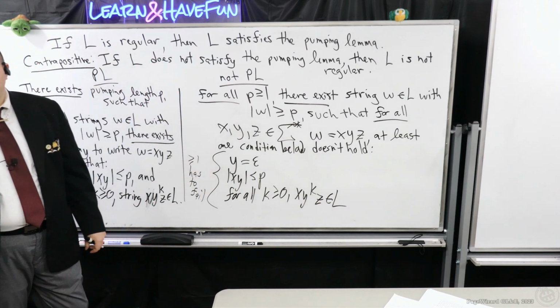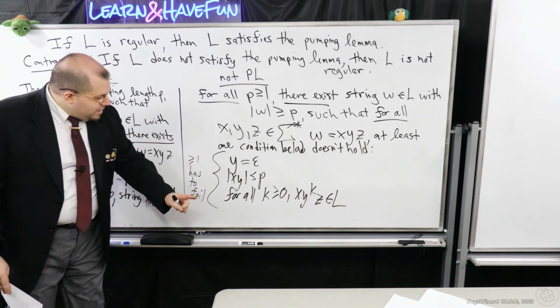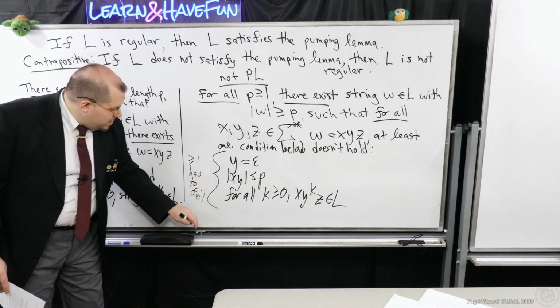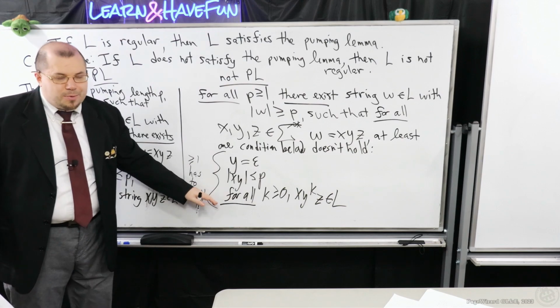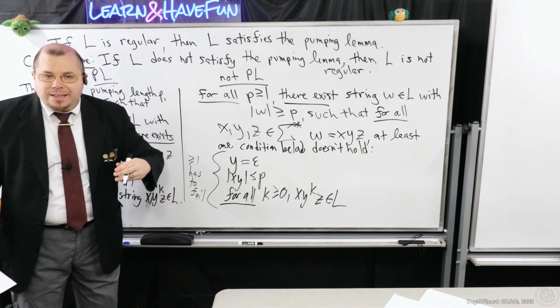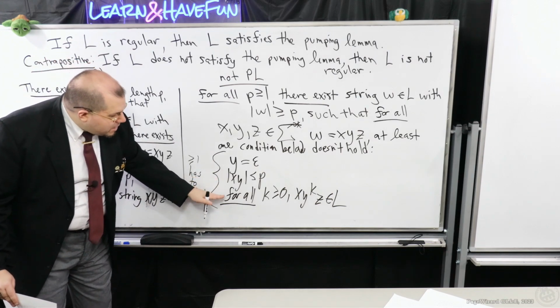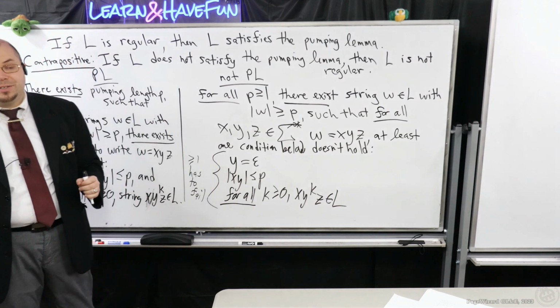And typically when you prove that a language isn't regular using the pumping lemma, usually your best friend is this one right here. Because to falsify this claim, remember it says for all, to show that this doesn't hold, because remember, universal, when I negate that it's an existential claim. So all I would have to do is pick a k such that whatever I get isn't in the language.